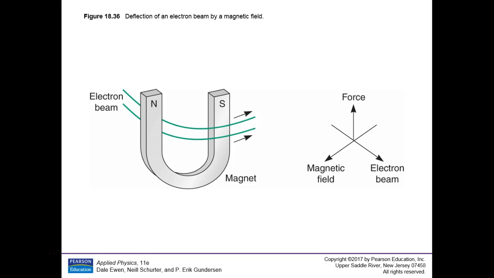Make a coil, it makes a stronger and stronger field. So a moving charge induces a magnetic field. Now, the reverse of this is true. A strong magnetic field can change the direction of a moving charge. And that's what they're illustrating here.